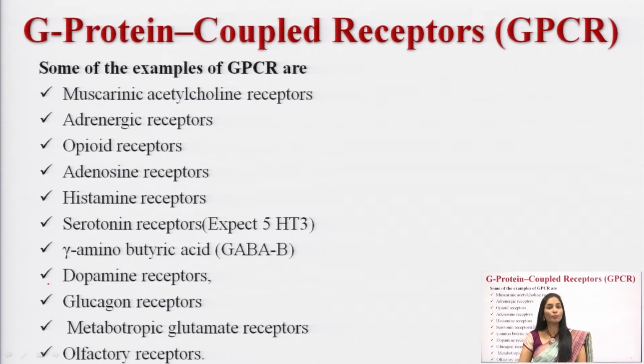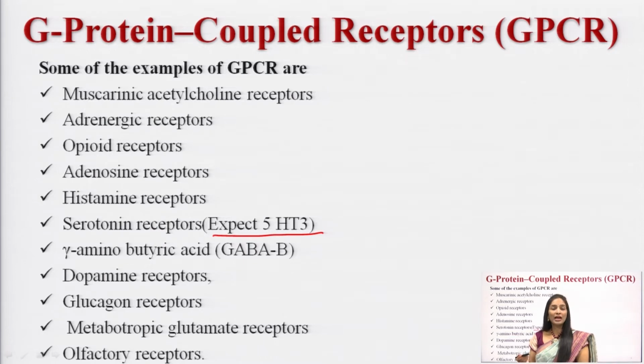Adrenergic receptors, both alpha and beta, are GPCRs. Opioid receptors, adenosine receptors, histamine receptors, and serotonin receptors are also GPCRs, except 5-HT3. Except 5-HT3, all the rest are GPCRs.